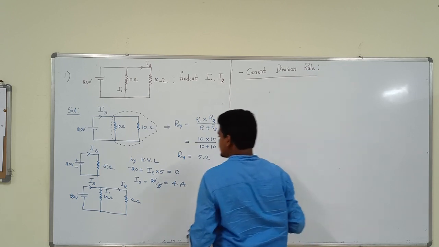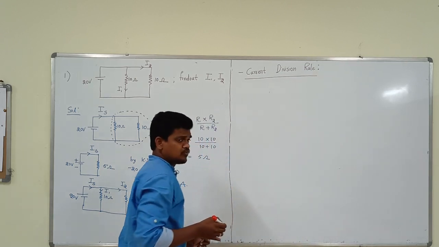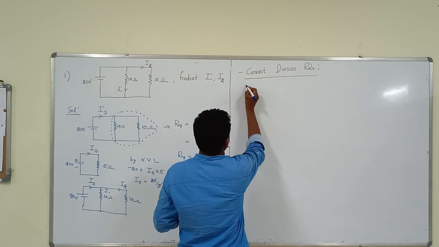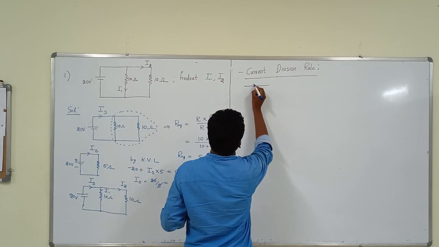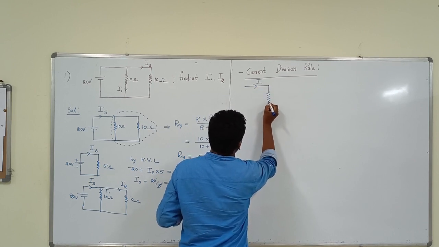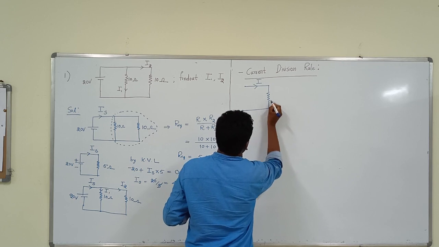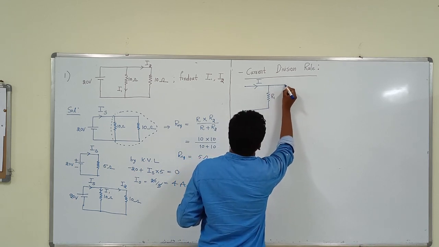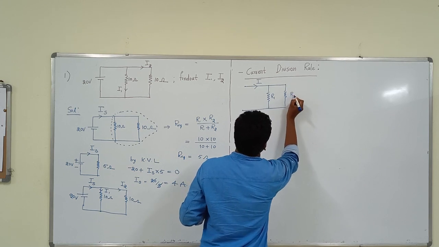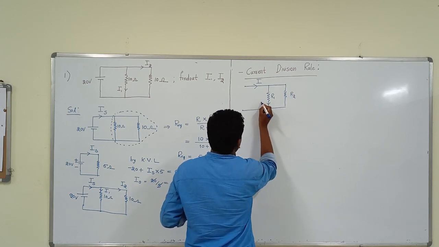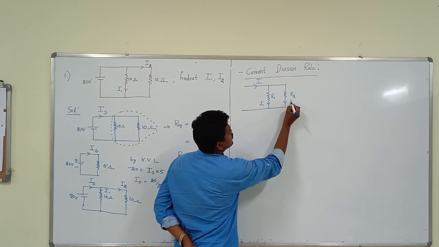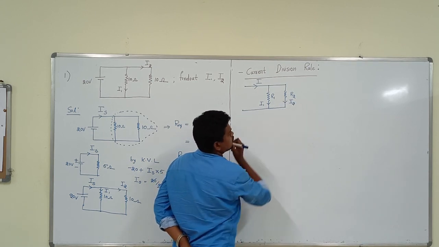From the current division rule, some current is flowing through two resistors connected in parallel. This is one resistor and another resistor. We don't know the current, but that current value I1 flows through R1 and I2 flows through R2.